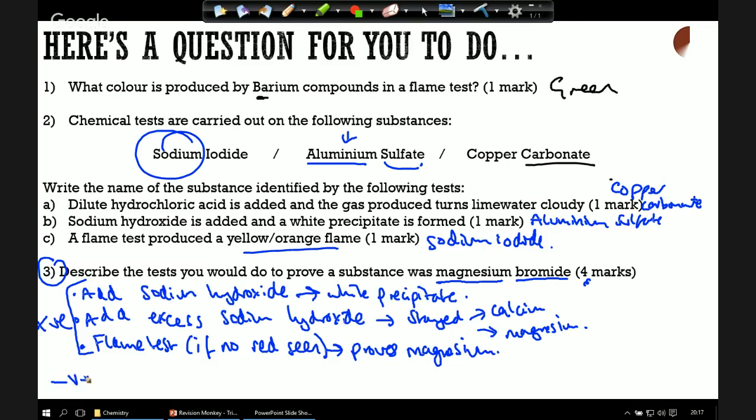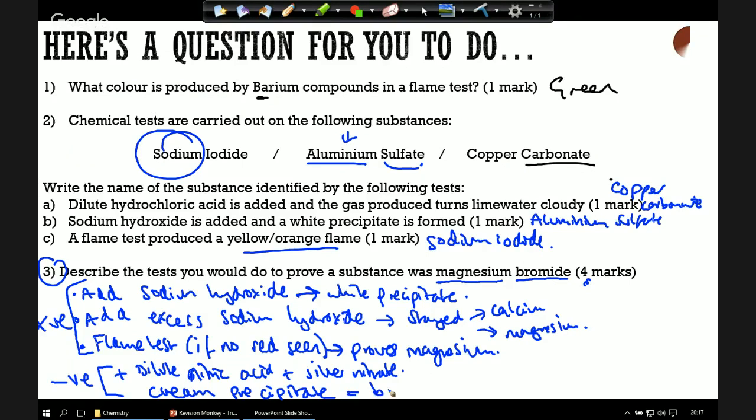And then for the negative ion, for the bromide part, we'd need to add dilute nitric acid and silver nitrate. And if a cream precipitate formed, that would prove that we have a bromide, and that would prove that we had magnesium bromide.